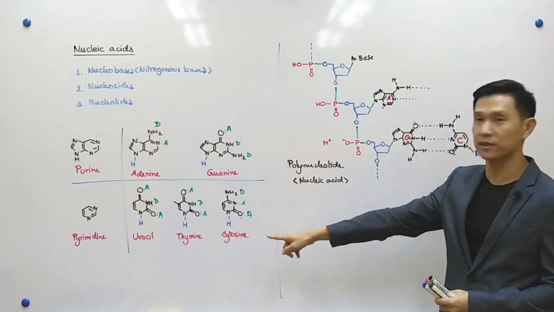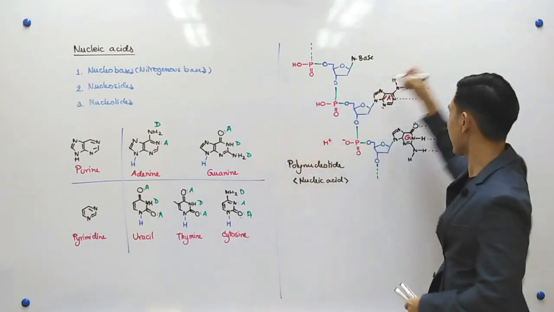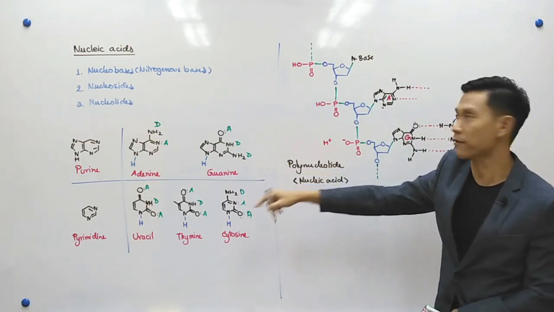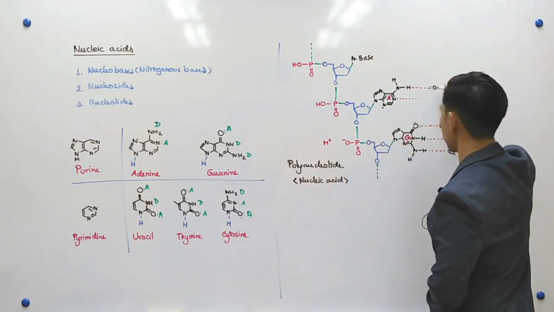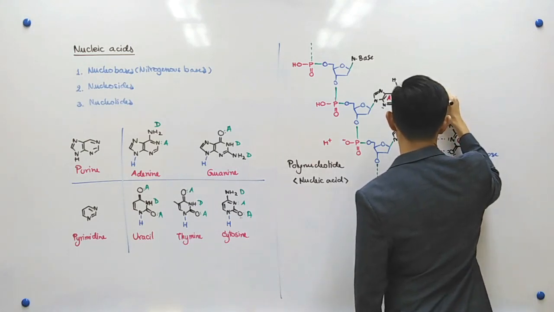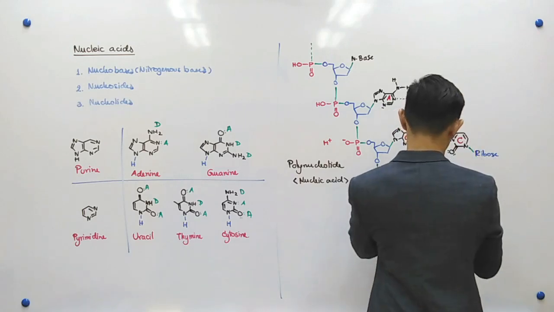Now I will draw the thymine. For thymine, first of all, on top you have a donor over here that is matched perfectly with the electron pair of oxygen at the acceptor. And the acceptor oxygen is now connecting with this one.